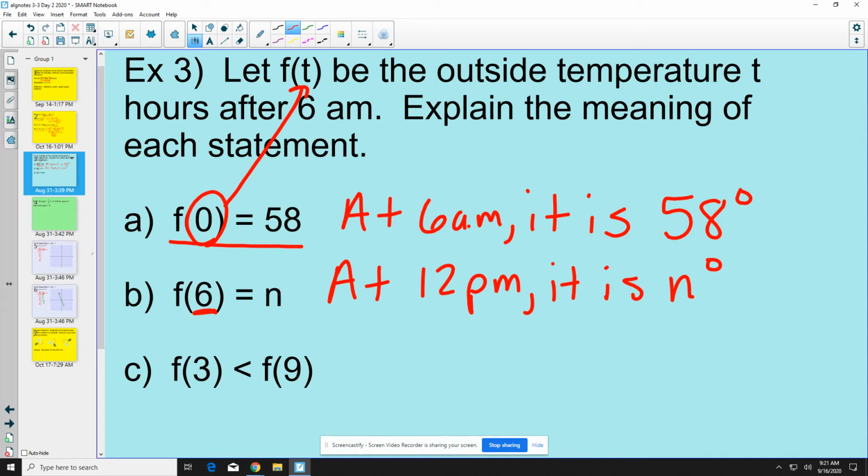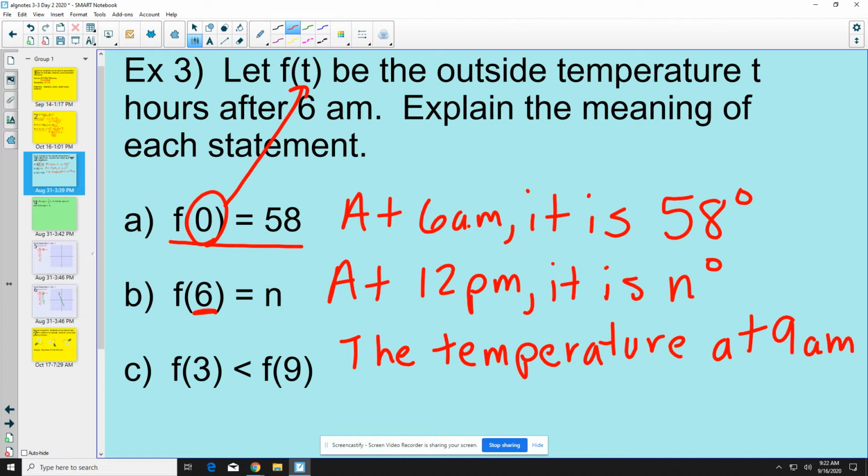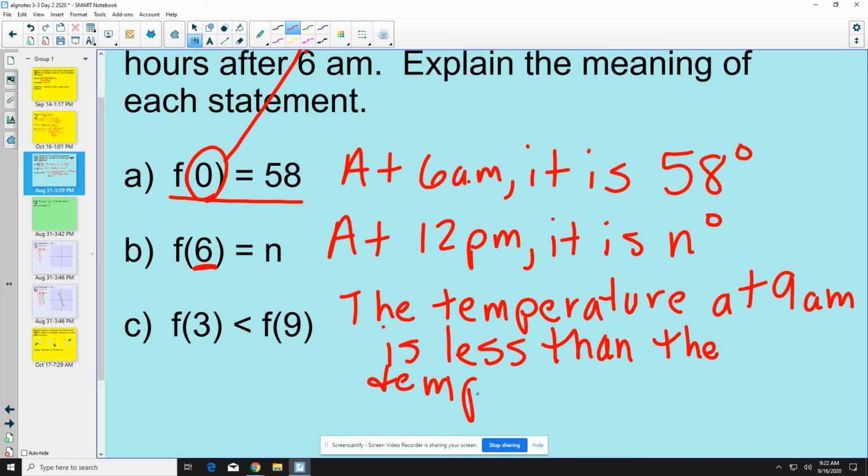Okay, now that you're done, let's talk about this. F of 3 is 3 hours after 6 a.m. So that means 9 a.m. So the temperature at 9 a.m. is, that's the is less than sign, is less than the temperature at, okay, now let me see, if 9 is t, that's 9 hours after 6 a.m. So you've got to think to yourself, what time is it 9 hours later?